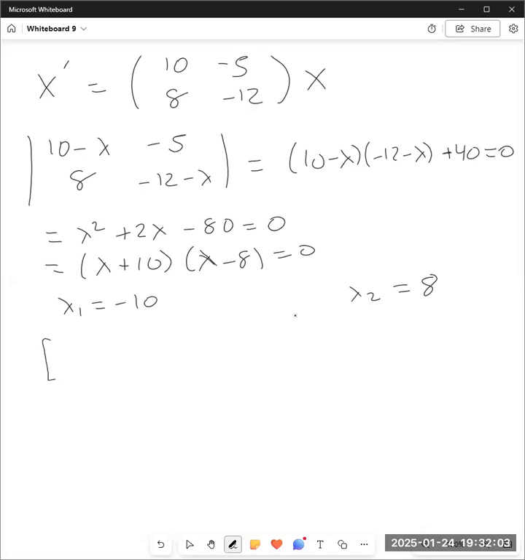it's going to get 10 minus a negative 10 is 20, and a negative 5, and then 8, and then negative 12 minus a negative 10 is negative 12 plus 10 is a negative 2. I know that doesn't look like they're constant multiples of each other, but if you multiply the top row by 2/5, you get the bottom row.